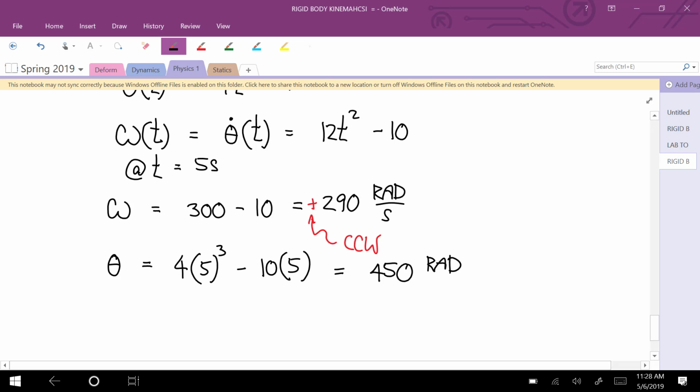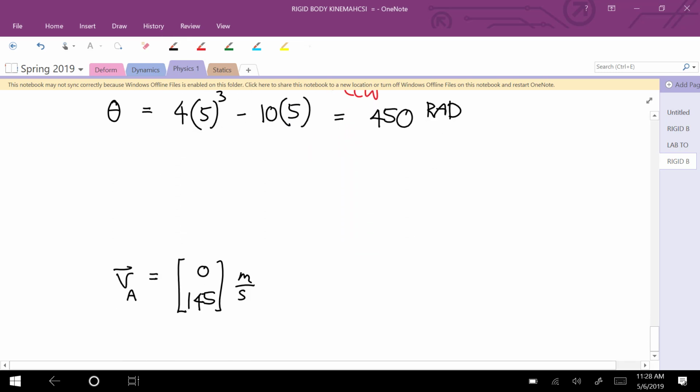So we can take off as many times... anytime you go 2 pi radians, you end up where you started. So how many 2 pi radians can you take out of 450? Basically we're just looking for the remainder after you take out all the 2 pi radians.